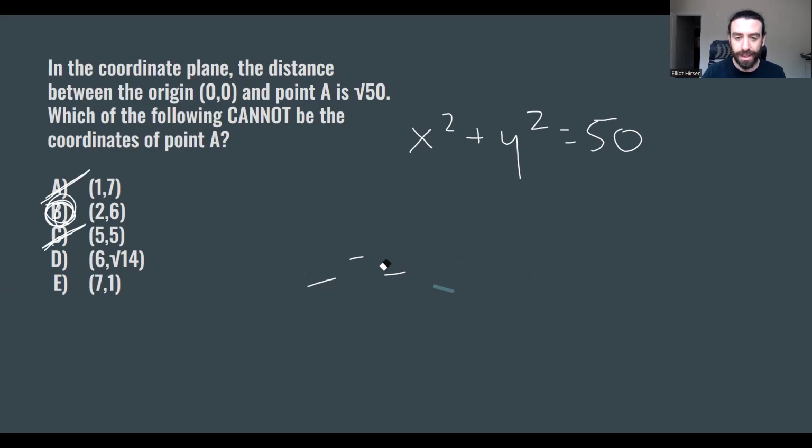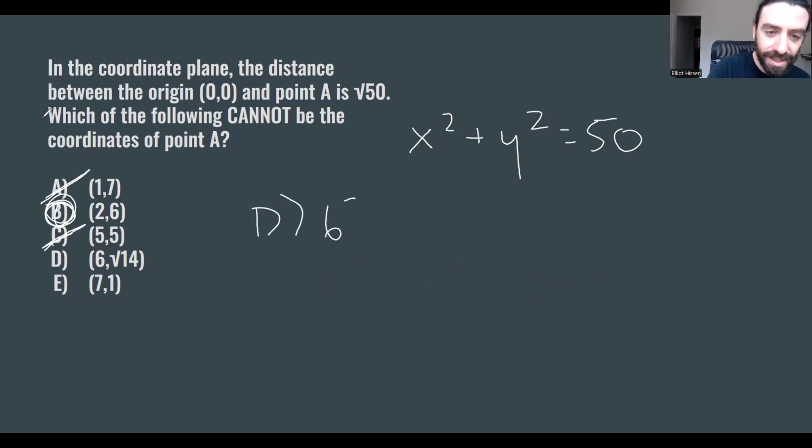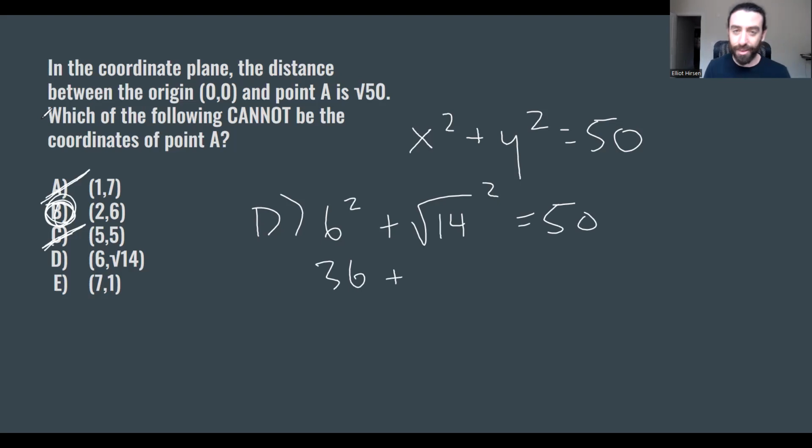Next one is going to be really good to look at because they threw another little radical at us. So it's very good to confirm this so it makes sense for everybody, that it would be 6 squared plus the square root of 14 squared. Will that come out to 50? So 6 squared is 36. And another chance to repeat and confirm, the square root of 14 squared leaves us with just 14.